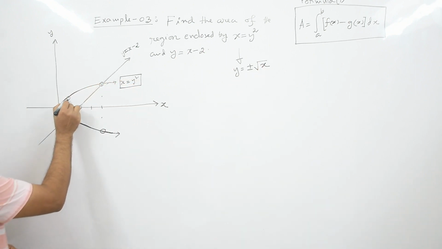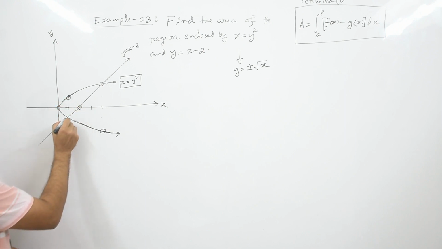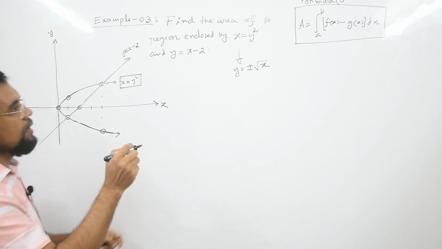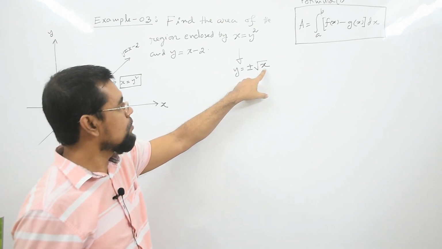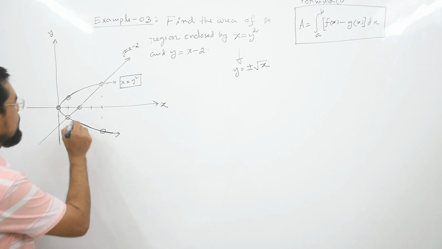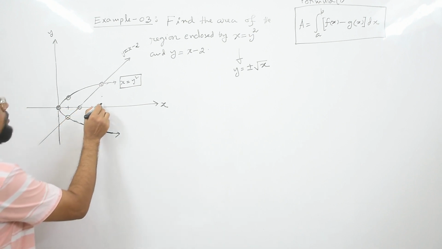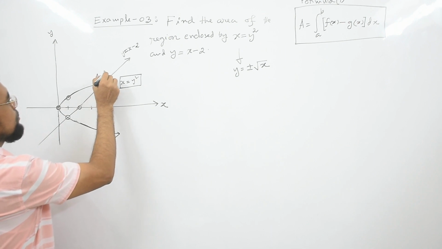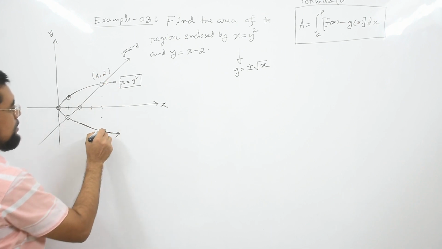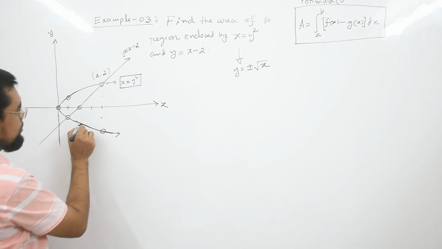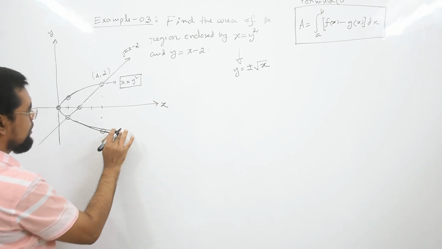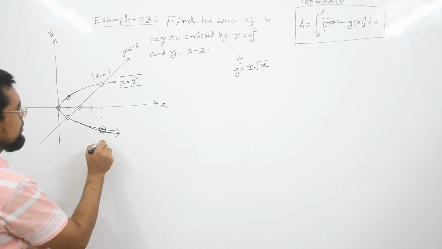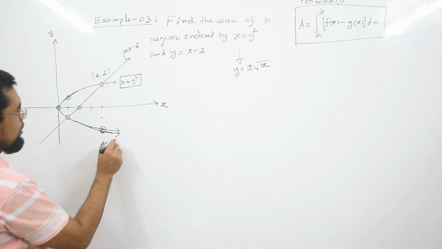So when x equal to 1, y is 1 and minus 1. And if x equal to 4, y equal plus minus 2. This point is nothing but 4, 2. And this point is 4, negative 2.